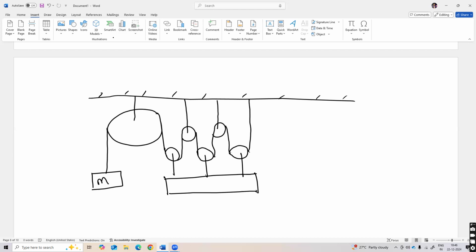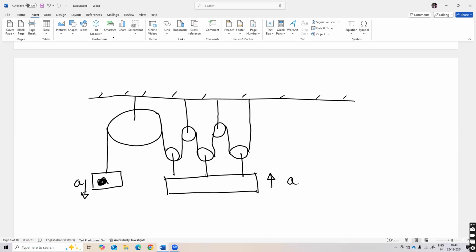The acceleration of this body is given as some acceleration a. They are asking us to find the acceleration. This is not the mass; we have to find the acceleration of this. So here we have one bigger pulley and one, two, three, four, five smaller pulleys.